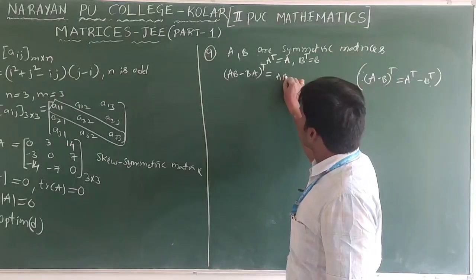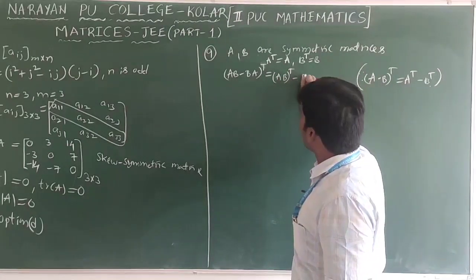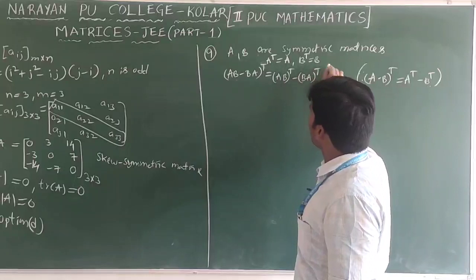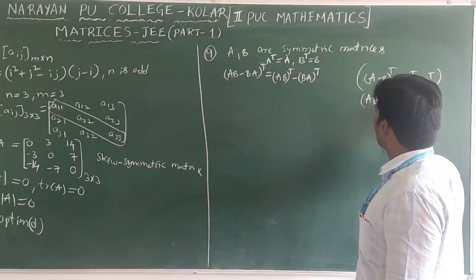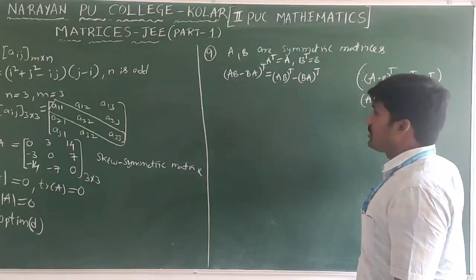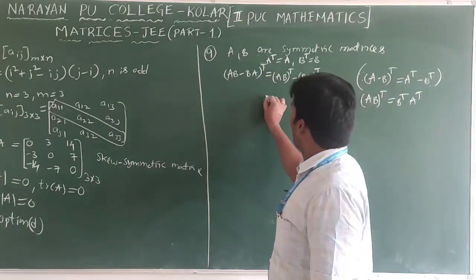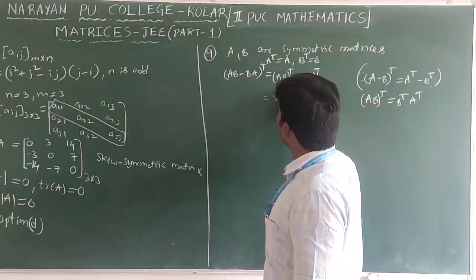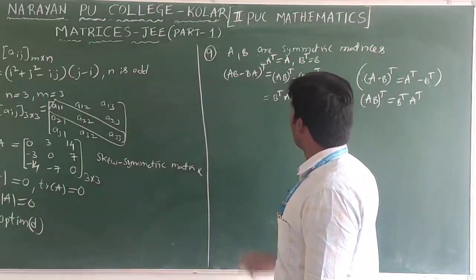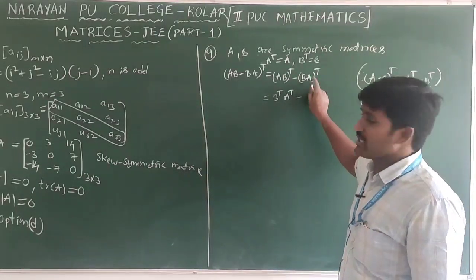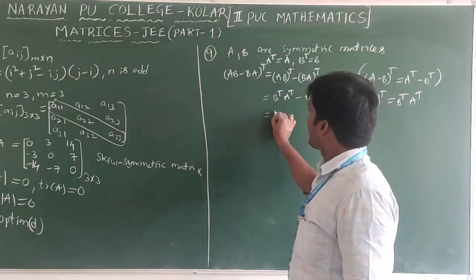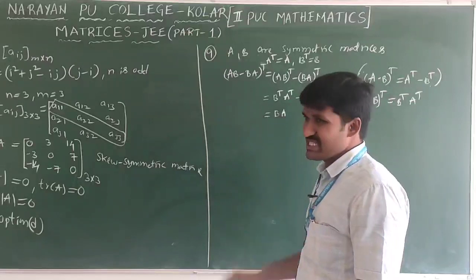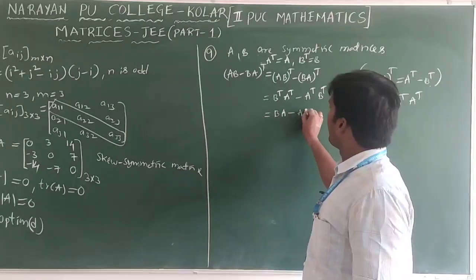That's why I am using (AB) whole transpose minus (BA) whole transpose. Again, we have another formula: (AB) whole transpose equals B transpose into A transpose. I get B transpose into A transpose minus, for the second one, A transpose into B transpose. B transpose is B, A transpose is A, and so it is AB.